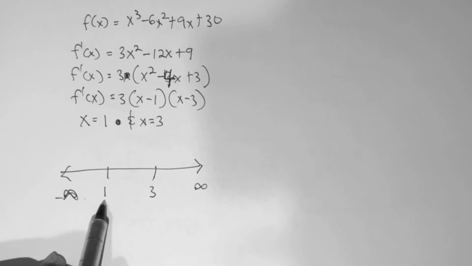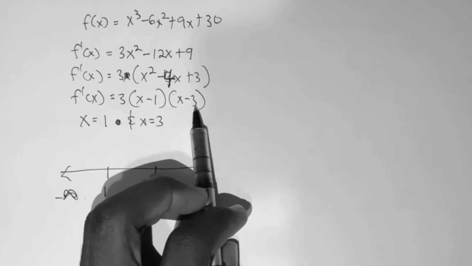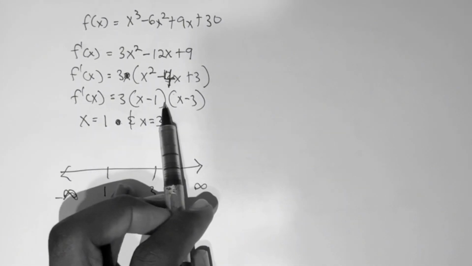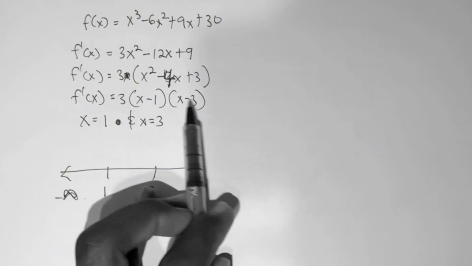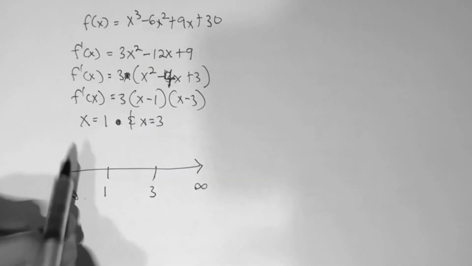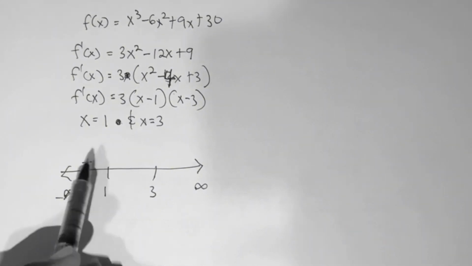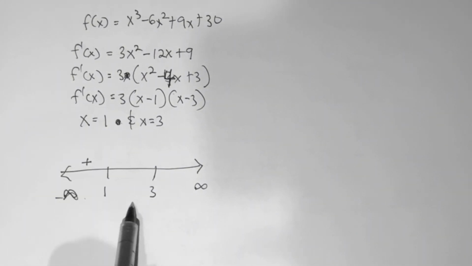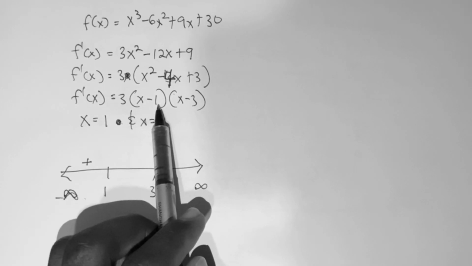So now let's take values less than 1. For example, 0. If you put 0 in this function, 0 minus 1 is -1. 0 minus 3 is -3. -1 times -3 is +3. So this region is positive. Then between 1 and 3, let's choose 2. 2 minus 1 is 1.